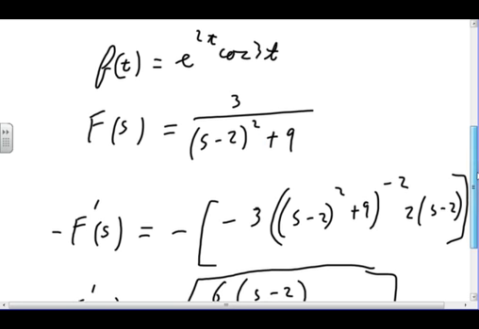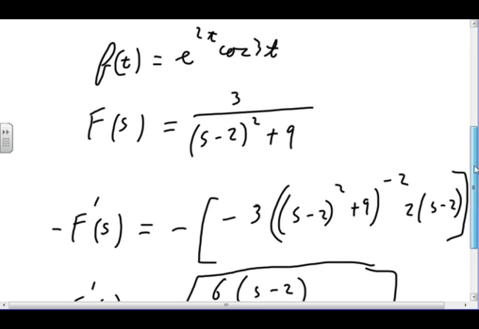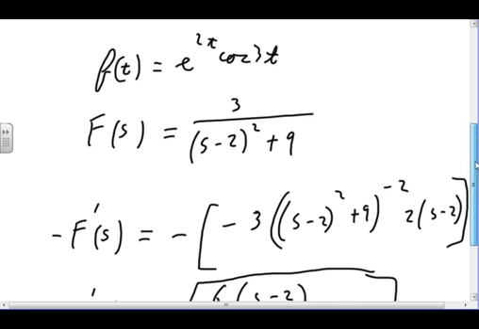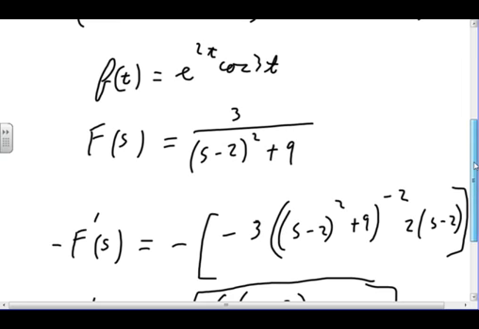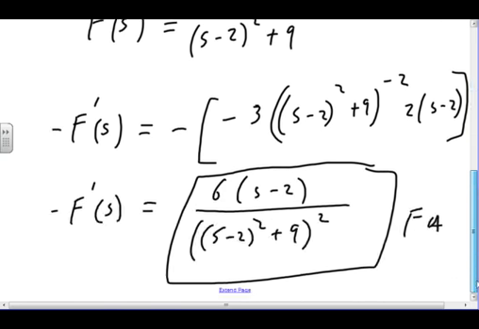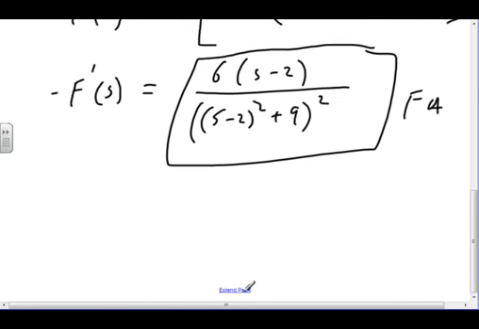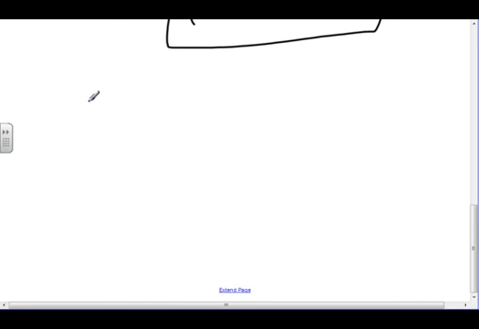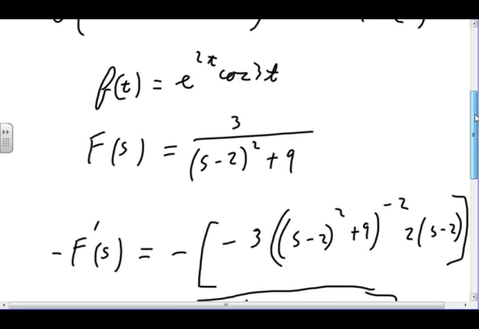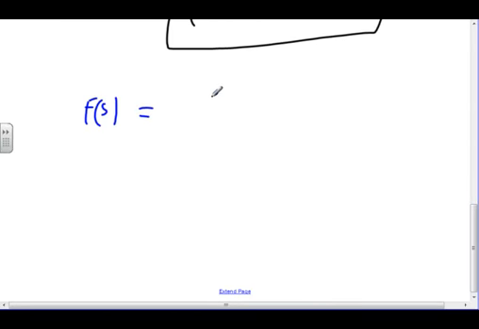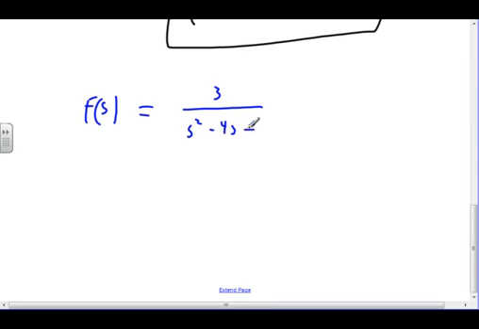We'll try it again. So f of s is 3 divided by s squared minus 4s plus 13.